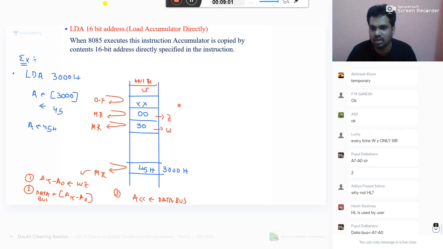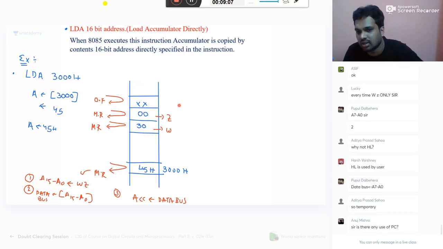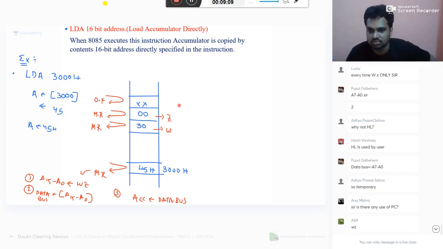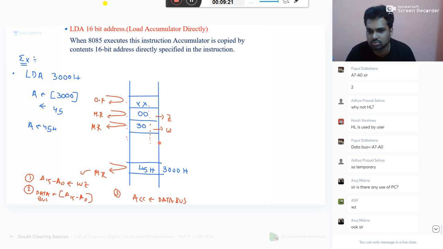That's why only temporary registers will be used. The programmer may be using that H and L. Okay. Without PC, how will you move from here to here, here to here, here to here? The program counter will take care of the sequence of the program. Okay.